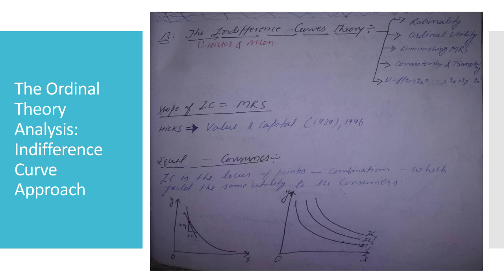Second one is transitivity of choices. It means, for example, if we have more than two chosen bundles of goods X, Y and Z, and the preferred combination is such that X is preferred over Y and Y is preferred over Z, then automatically X is always preferred over Z. This is transitivity of preferences.